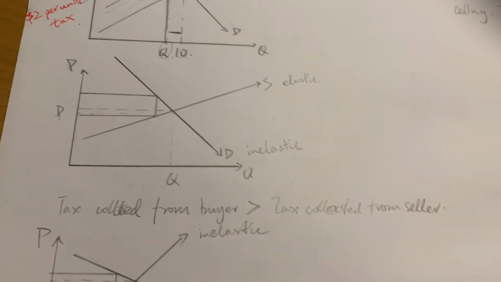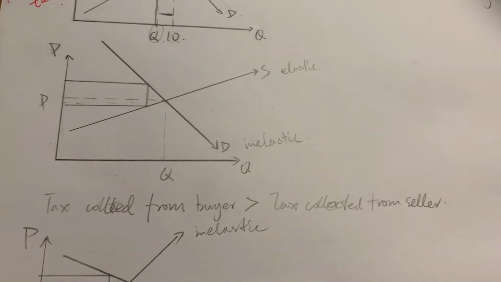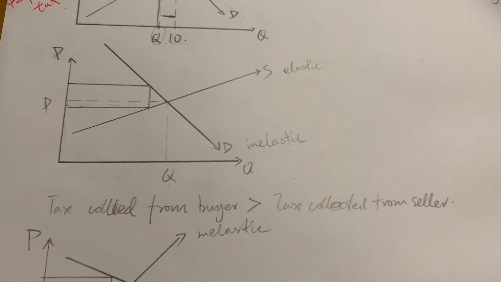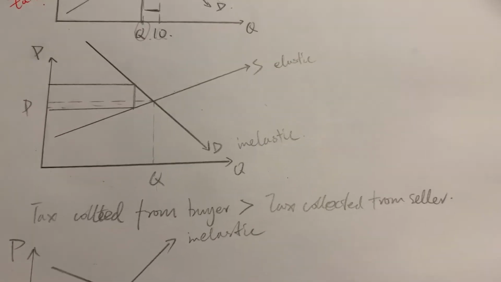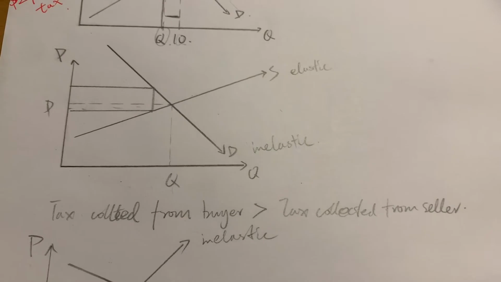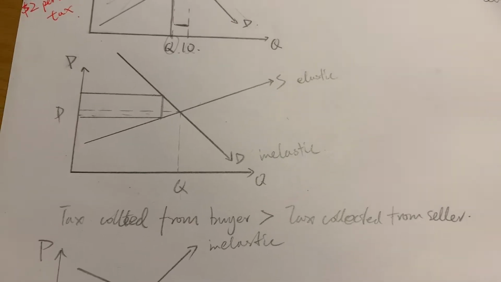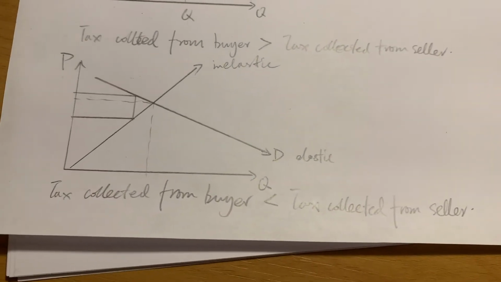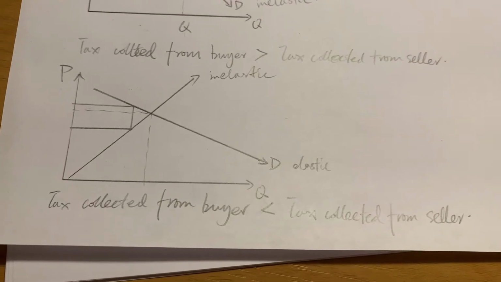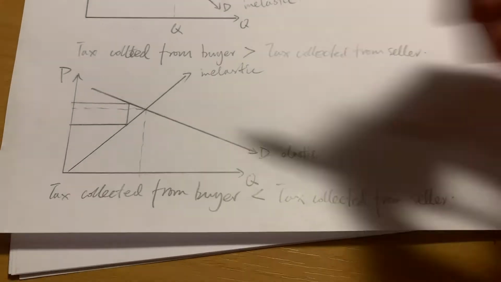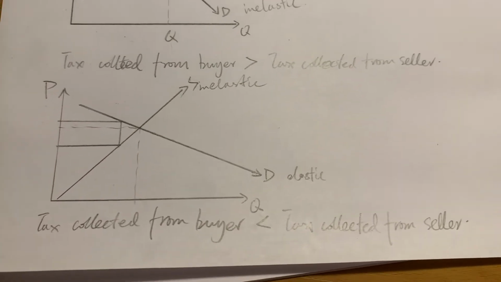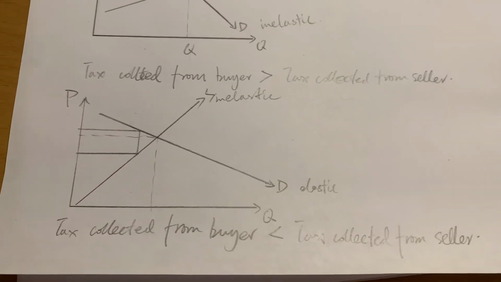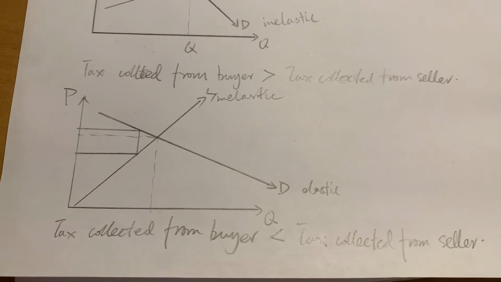If the supply curve is more elastic than the demand curve, the buyer will pay more of the tax than the seller did. And also right here, when the demand is more elastic than the supply, the seller will pay more than the buyer did.